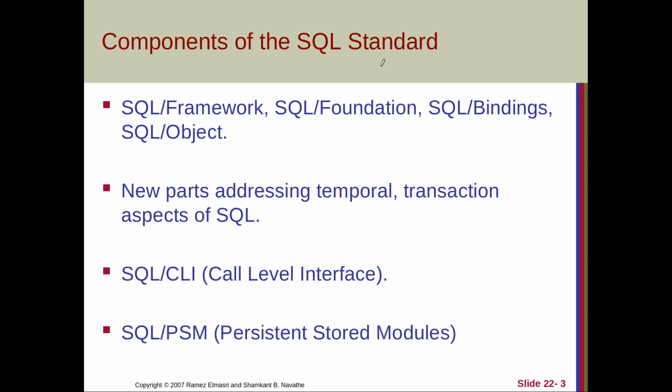Now let us see the different components of the SQL 3 standard. We are not going to discuss all these components in detail; we will describe what different components and features are part of the SQL 3 standard.